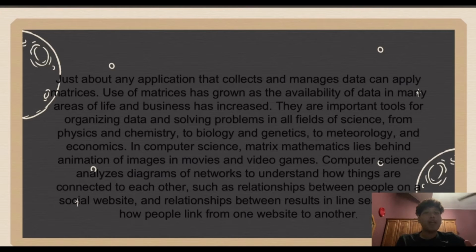In computer science, matrices lie behind the animation of images in movies and video games. Computer science analyzes diagrams of networks to understand how things are connected to each other, such as relationships between people on a social website, relationships between results in a search engine, and how people link from one website to another.